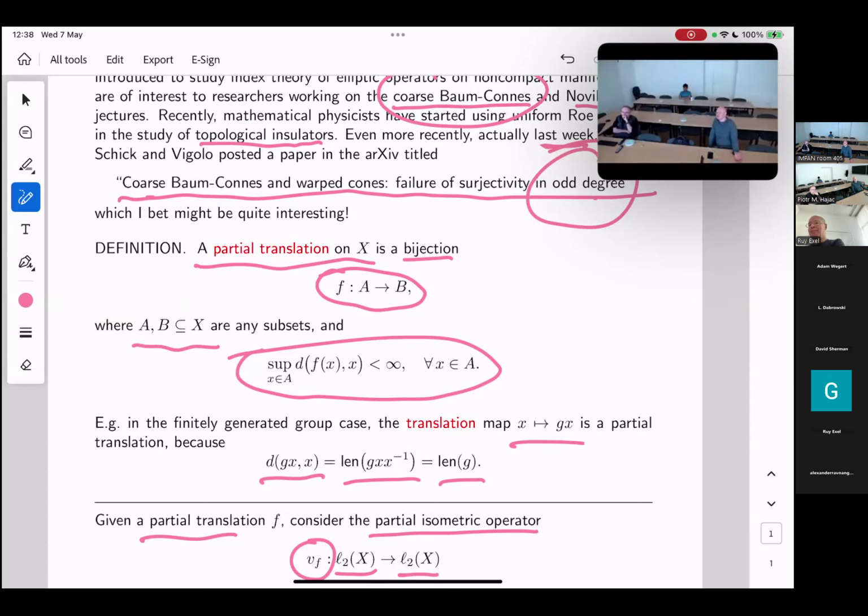Because being a bijection is a notion which is not invariant with respect to coarse equivalence of maps. I think you would have to ask John Roe that question, because that's the definition given by Roe, and I'm pretty sure that this is open to generalizations, and maybe you can generalize it in that way, but that's the gadget that we have been studying.